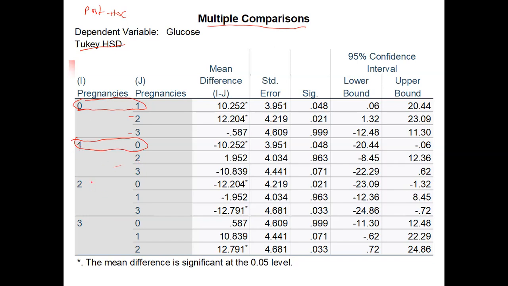If you come down here, the result you get by comparing 0 with 2 will be the same result you get here by comparing 2 with 0. But you've never got any result of comparing 2 to 1 or 2 to 3 before.